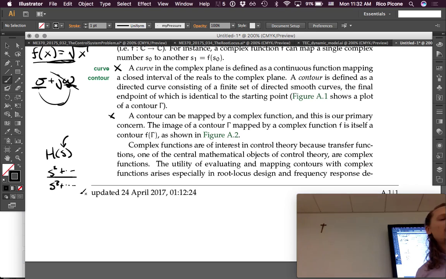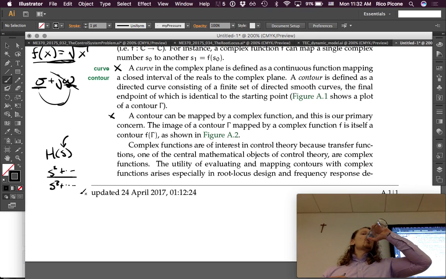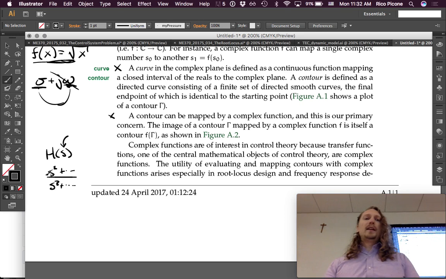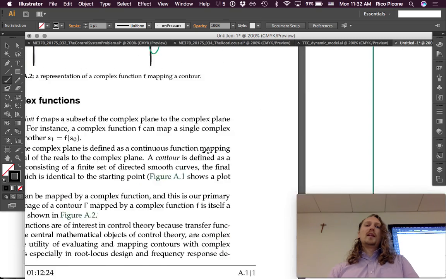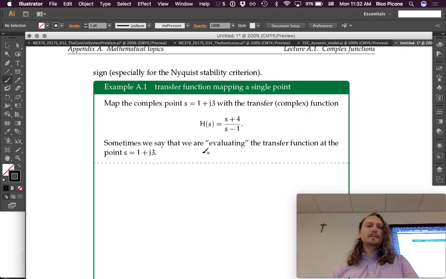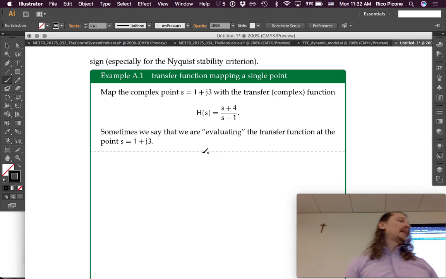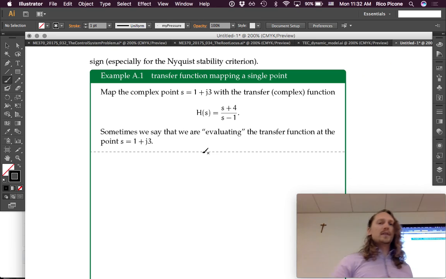So we've done a lot of work with complex functions. The utility of mapping the complex plane is especially important for root locus design. Let's do an example of a mapping of a single point.